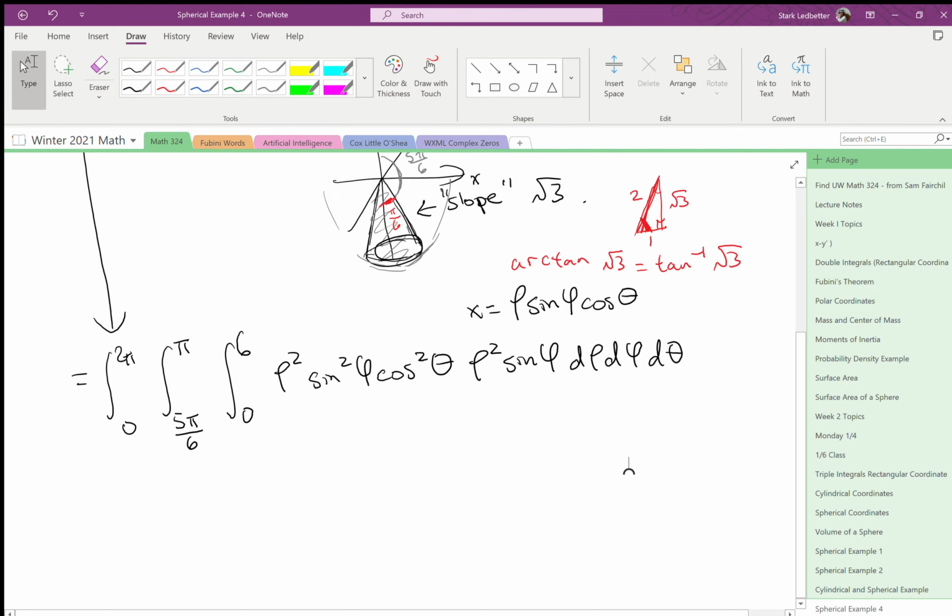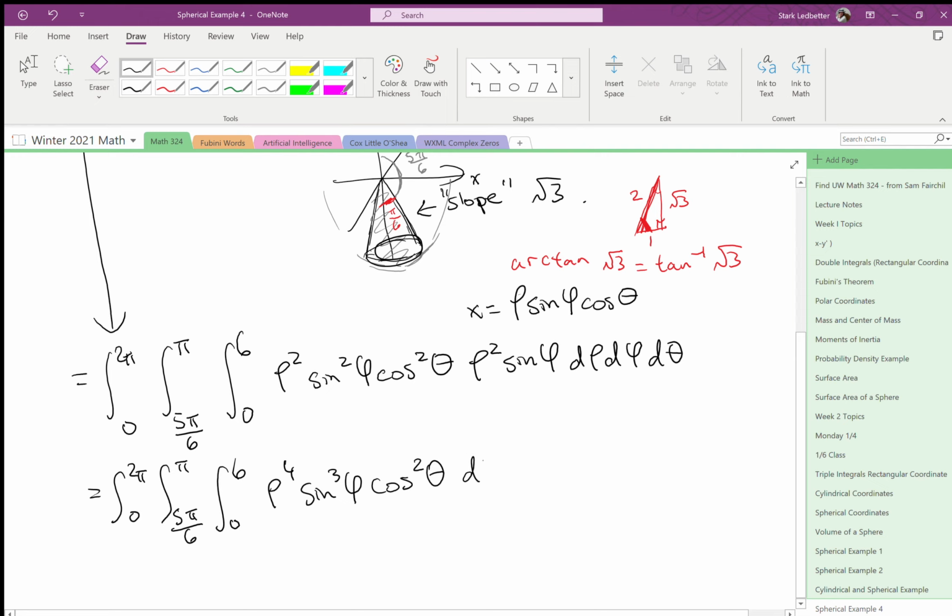Okay, I'm going to clean this up a little and then integrate. So these are a lot of work. Triple integration, 3 times the work of regular integration, right? And we thought regular integration was a lot of work when we first started. Okay, so rho to the 4th, we have sine cubed phi and cosine squared theta d rho d phi d theta.